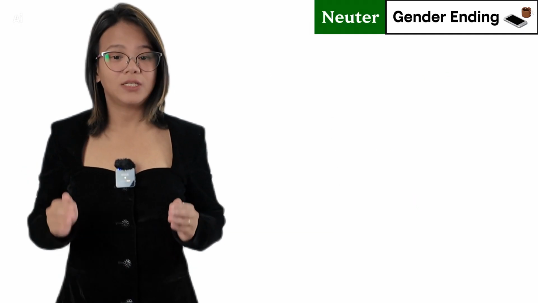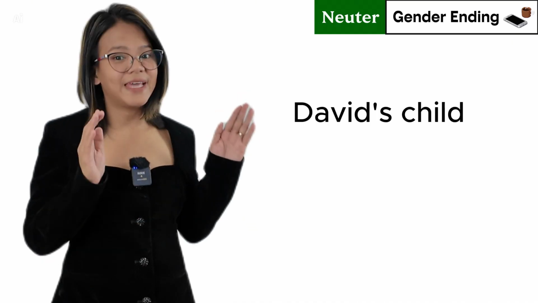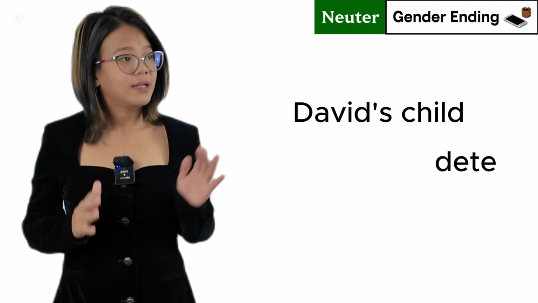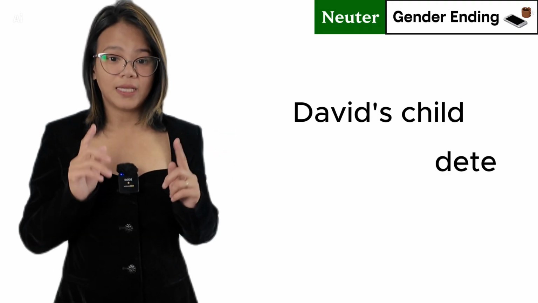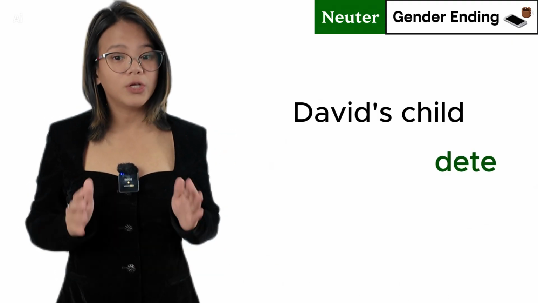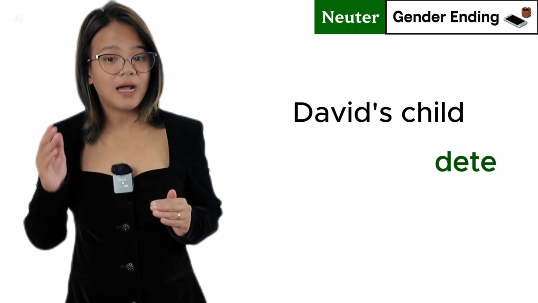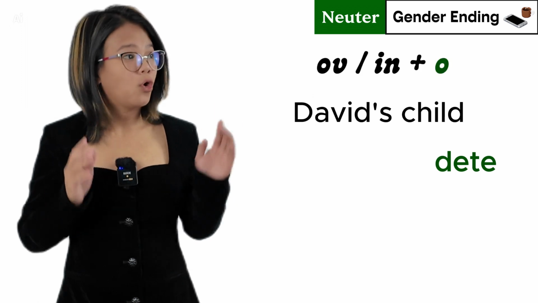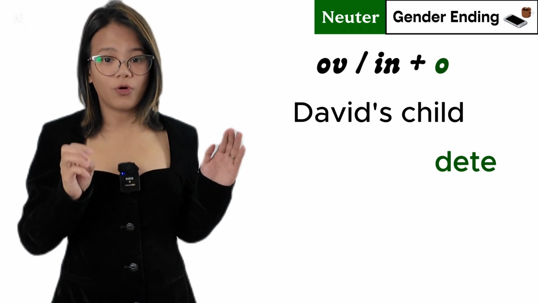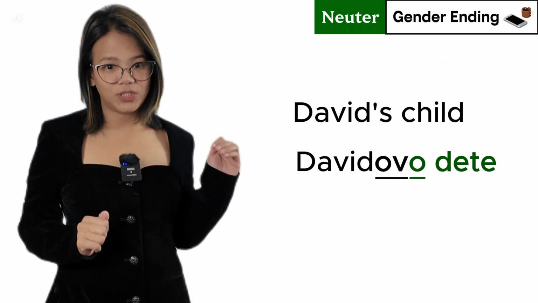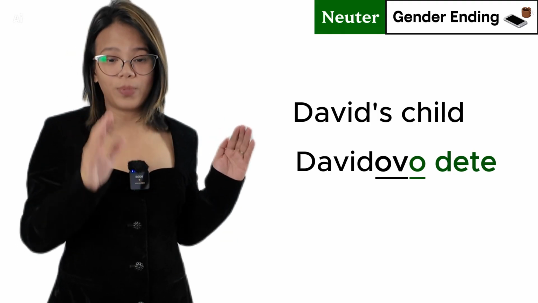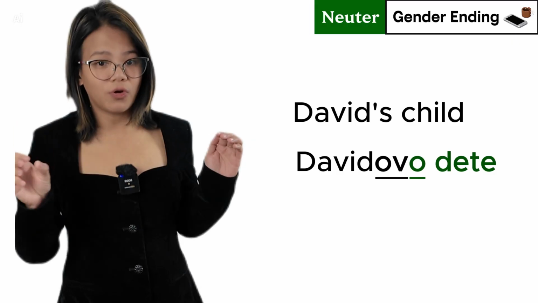And finally, neuter nouns. David's child. Child in Serbian is dete. Dete ends in e, that means it is neuter. Remember, neuter nouns can end in o or e. For neuter nouns, we add o after ov or in. David's child is Davidovo dete. Davidov plus o becomes Davidovo.